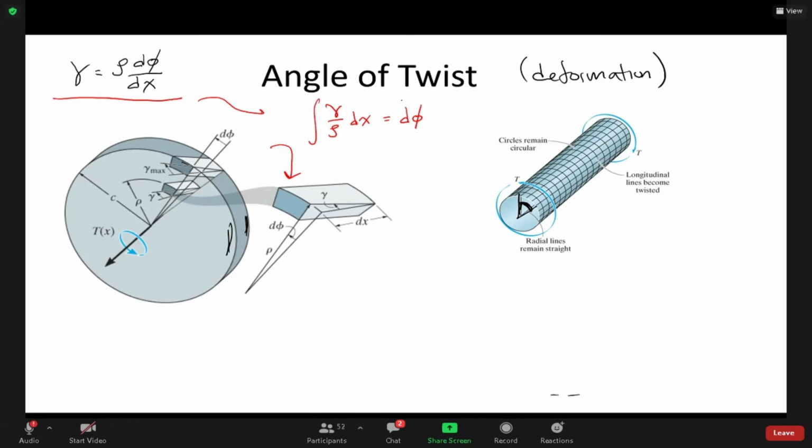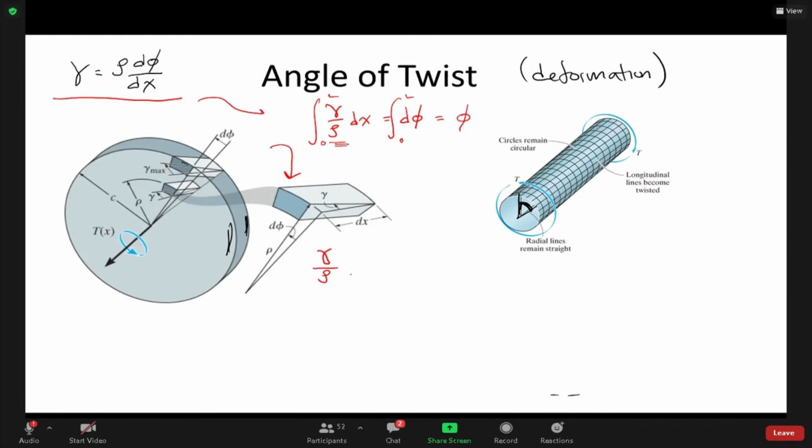If we integrate both sides, on the right-hand side we would get the total angle of twist phi from 0 to L. Very similar to what we did for elongation. But we need to work this a little bit. Let's take the term shear strain over rho.